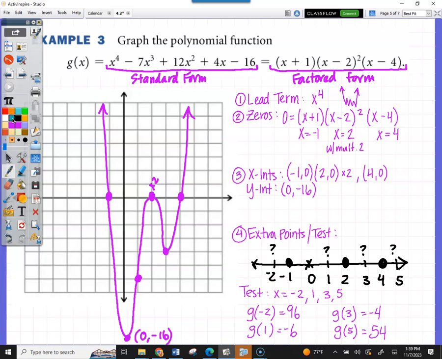Here's the intermediate value theorem. If a y value is positive and the very next point has a y value that's negative, what does that tell you the graph just did? It crossed the x-axis, which means what exists? An x-intercept, or a zero, or a solution.